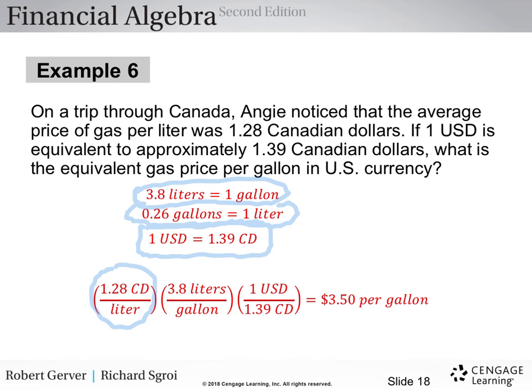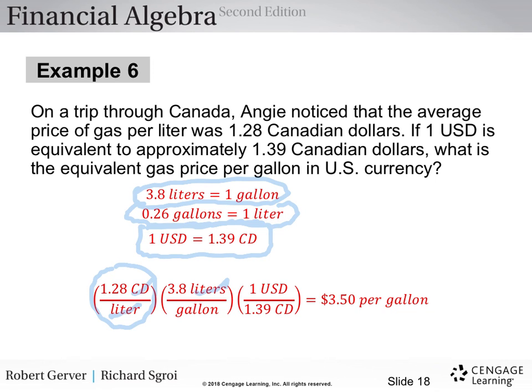Now, I want to cancel out liters, and I want to cancel out Canadian dollars, so I end up with US dollars and gallons. Well, I can cancel out liters because I know that 3.8 liters is equal to 1 gallon. So here, the liters cancel. Now I've got to cancel out the Canadian dollars. Well, I know that $1 is equal to 1.39 Canadian dollars.